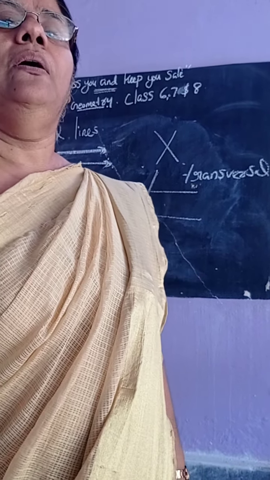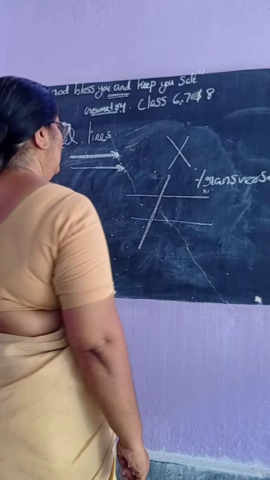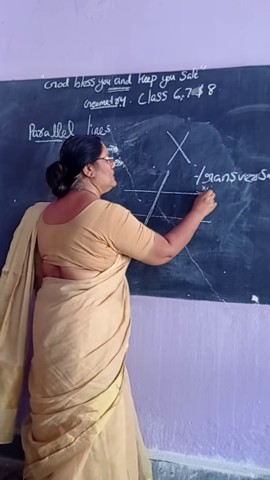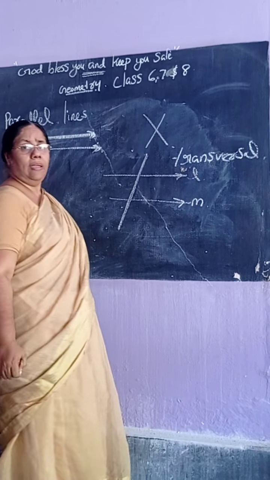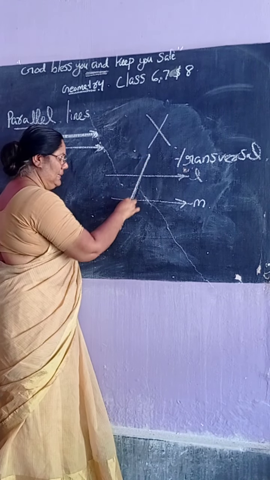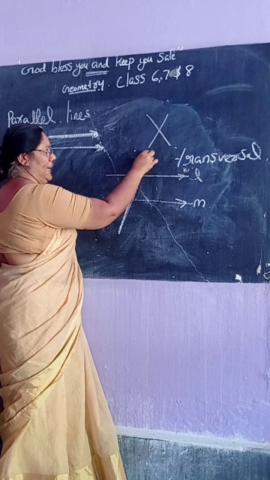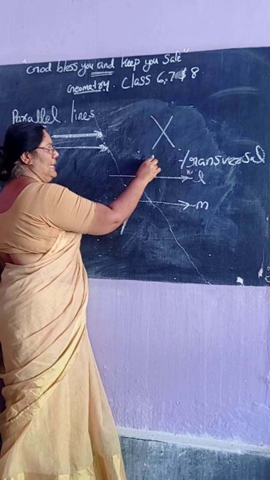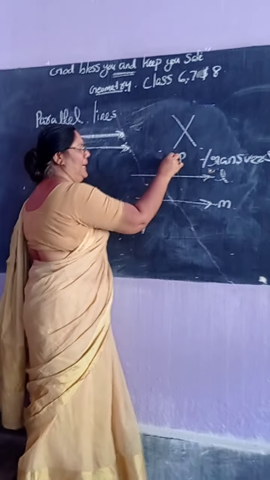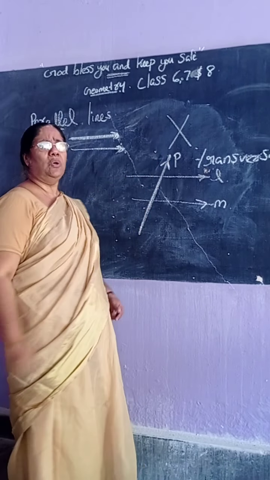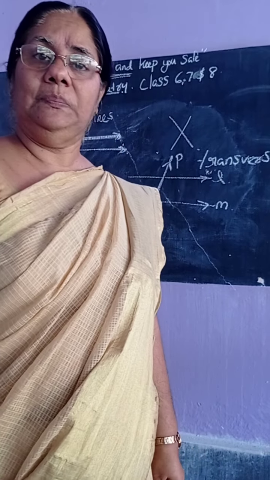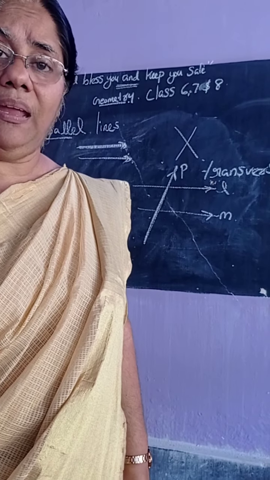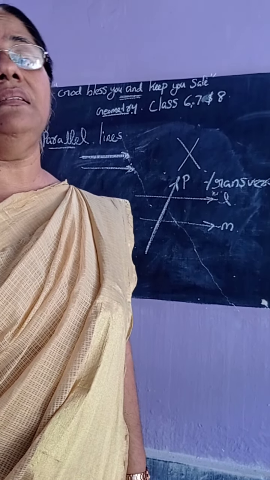Understand? When you take two parallel lines, suppose we denote them as L and M, and this is the transversal line. You can mark it as P. P is the transversal. That is also a line. Here, can you say how many angles are there?